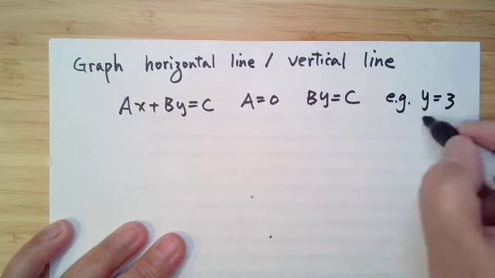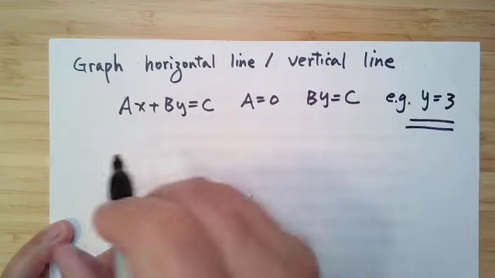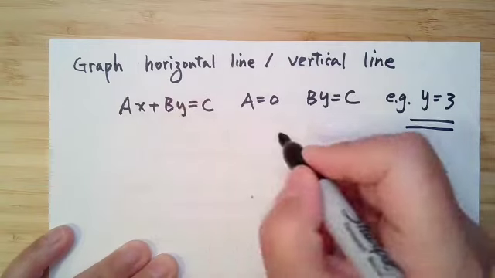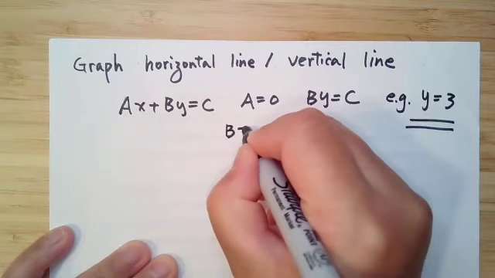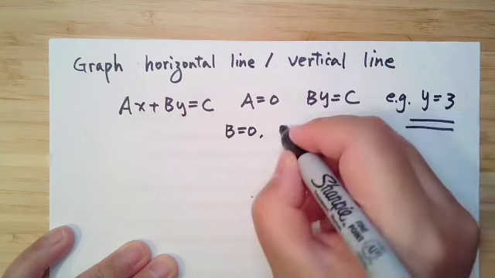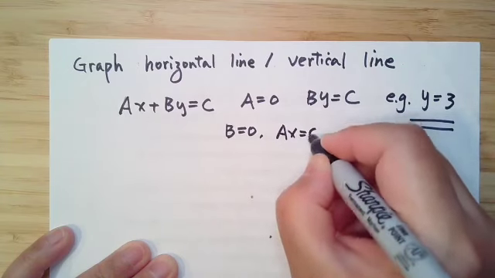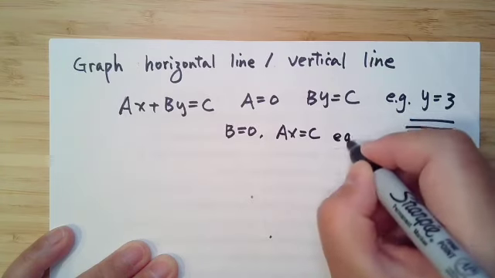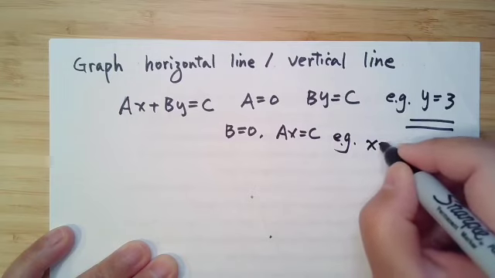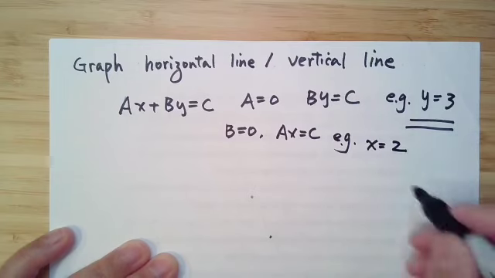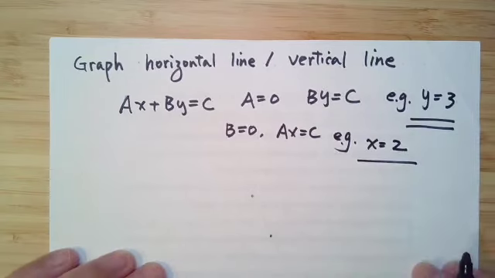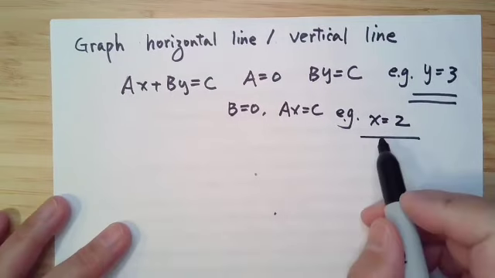So this is also a linear equation. And the other way, if I make b equals 0, then I have ax equals c. One example: x equals 2. How do I graph this? x equals 2.